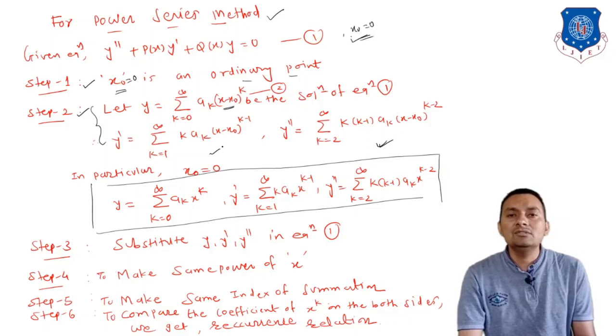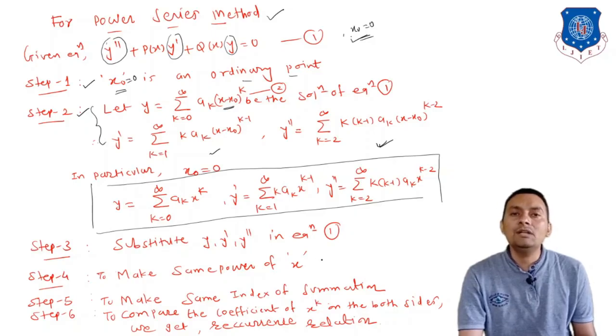Now, it is a solution, so it should satisfy the differential equation. So we substitute y', y'' and y in equation number 1, and after that we have to solve. First we make the same power of x, and after making the same power we make the same index of summation, because ultimately we want to compare the coefficients of x on both sides.